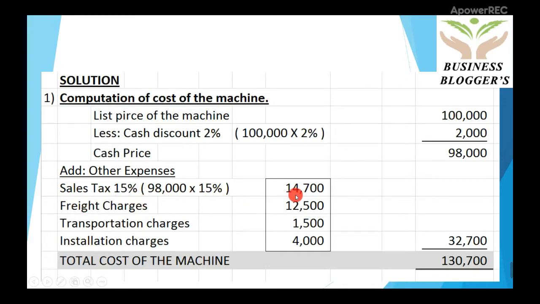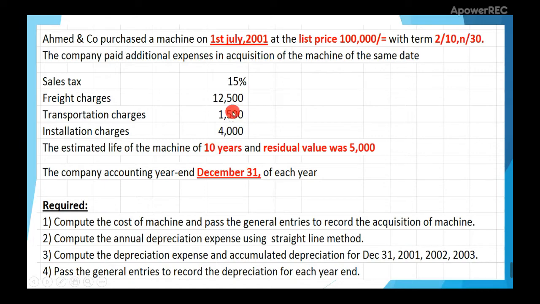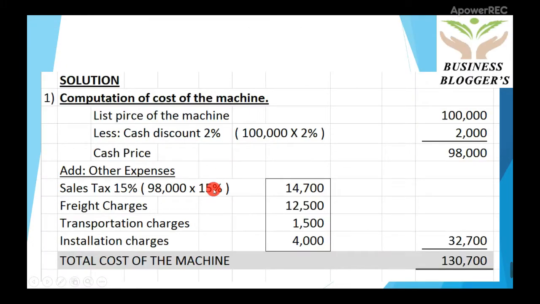All other expenses are given in our example question paper. Sales tax expense is 15%, which we take on the cash price. The answer will be 14,700. And freight charges, transportation and installation charges. When we add all these expenses, the result will be 32,700.